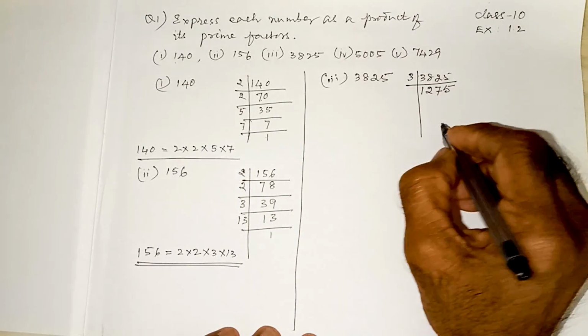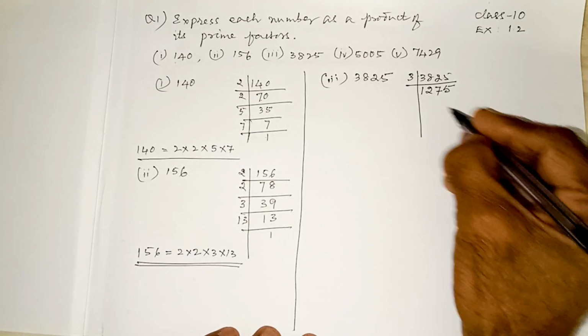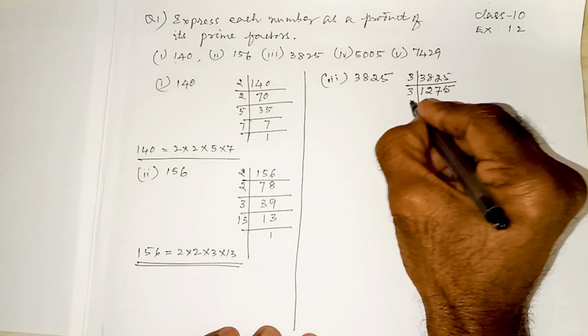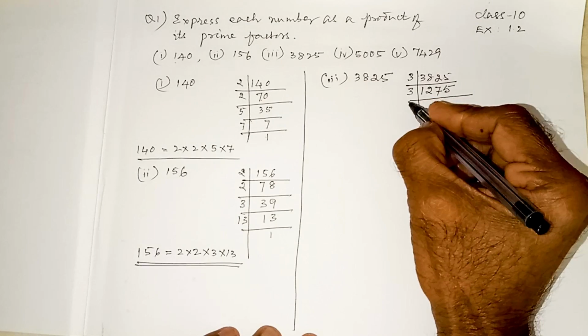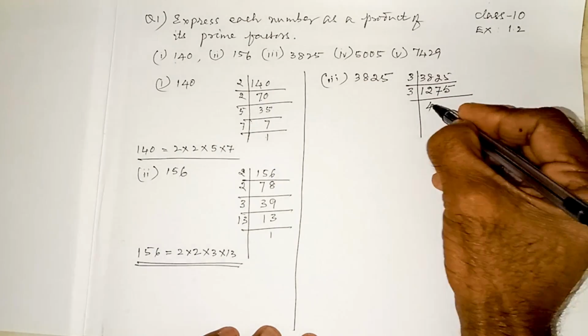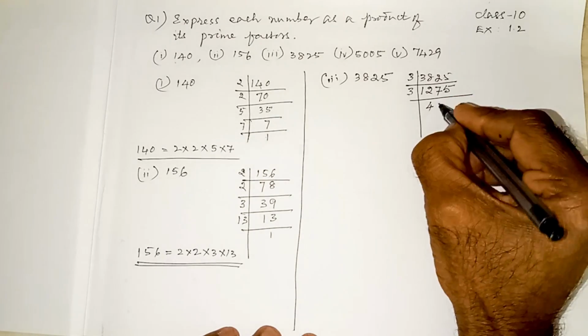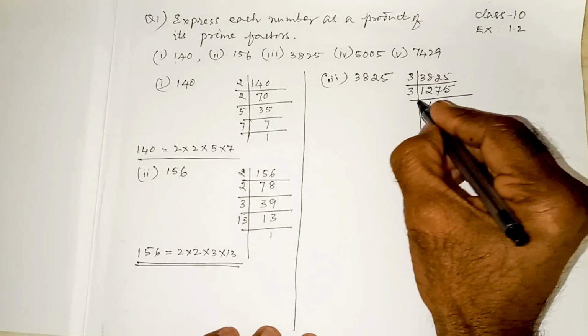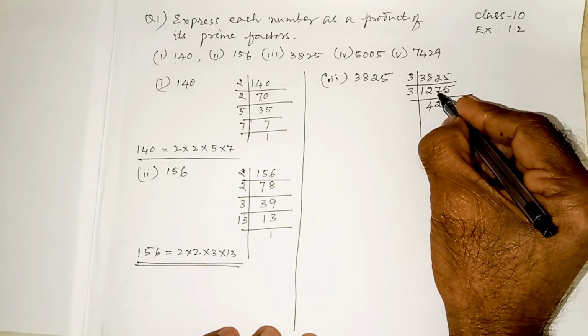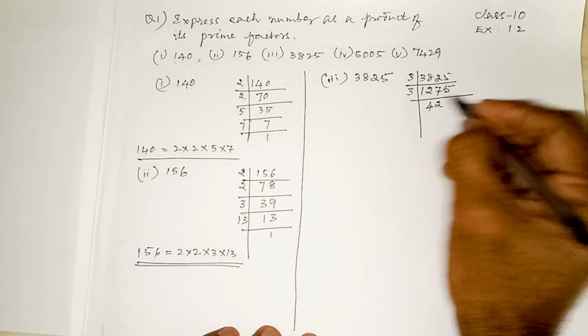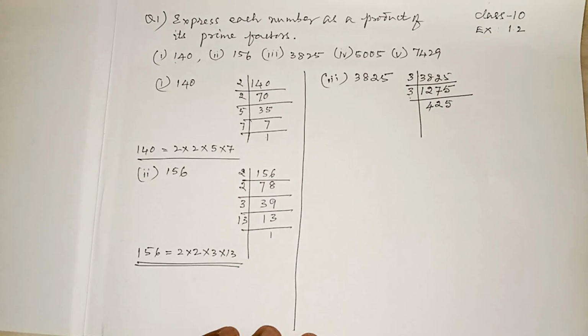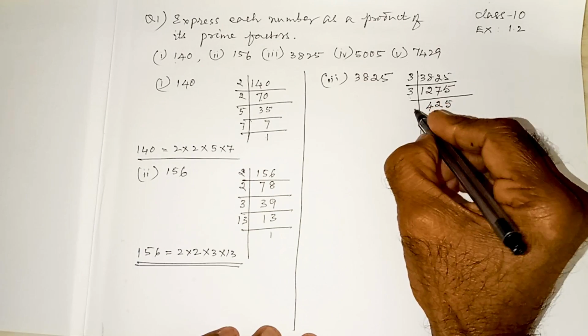Now we can try with 3 again. Let us try now. 3 4 times 12. Now 3 into 2 times is 6. You carry 1, becomes 15. 3 into 5 is 15. Now further, it doesn't go by 3.